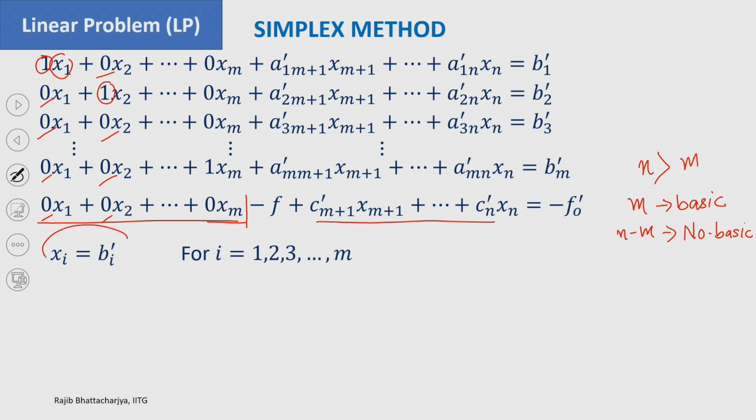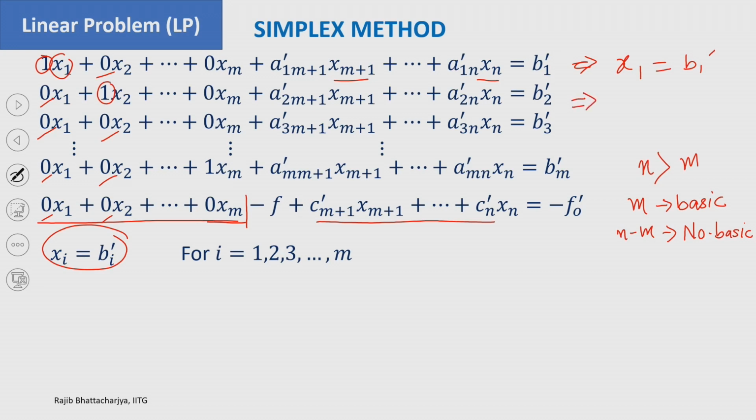Now, what is the initial solution here? I can get xi equal to bi dash. If all the non basic variables are 0, then from the first equation I will get x1 equal to b1 dash.